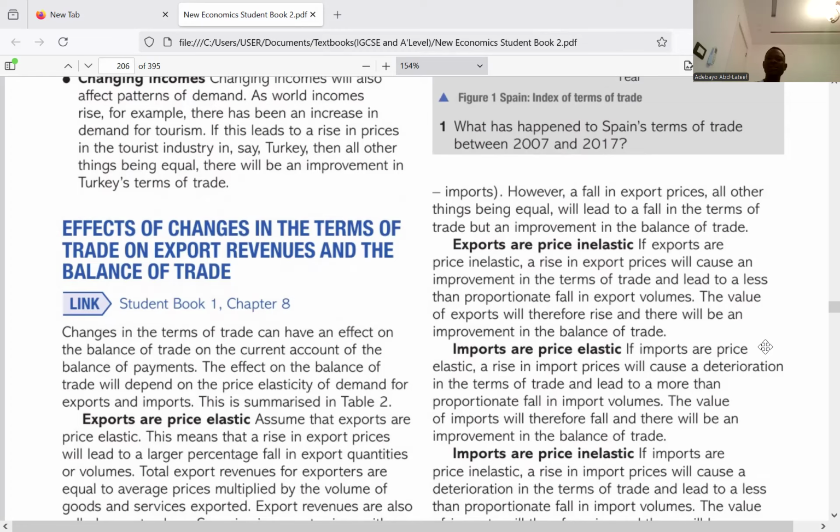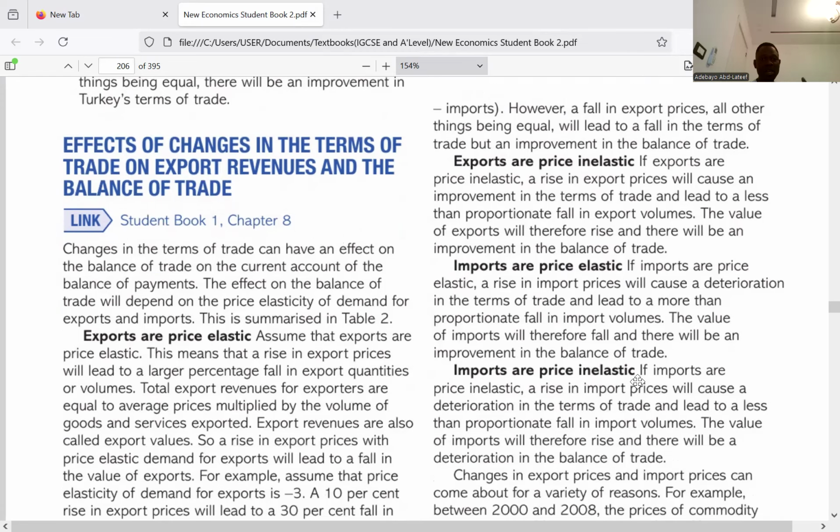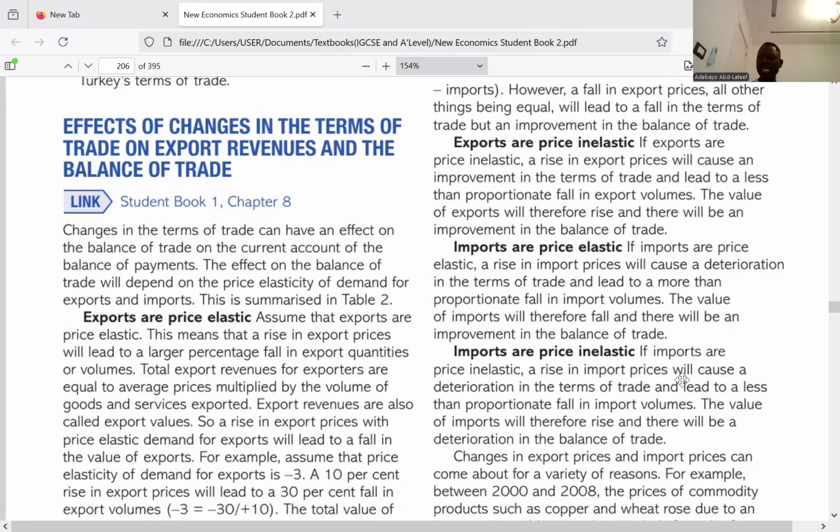Now, let's talk about exports as price elastic. If exports are price elastic, it simply means that a rise in export prices will bring about a fall in the demand for exports.